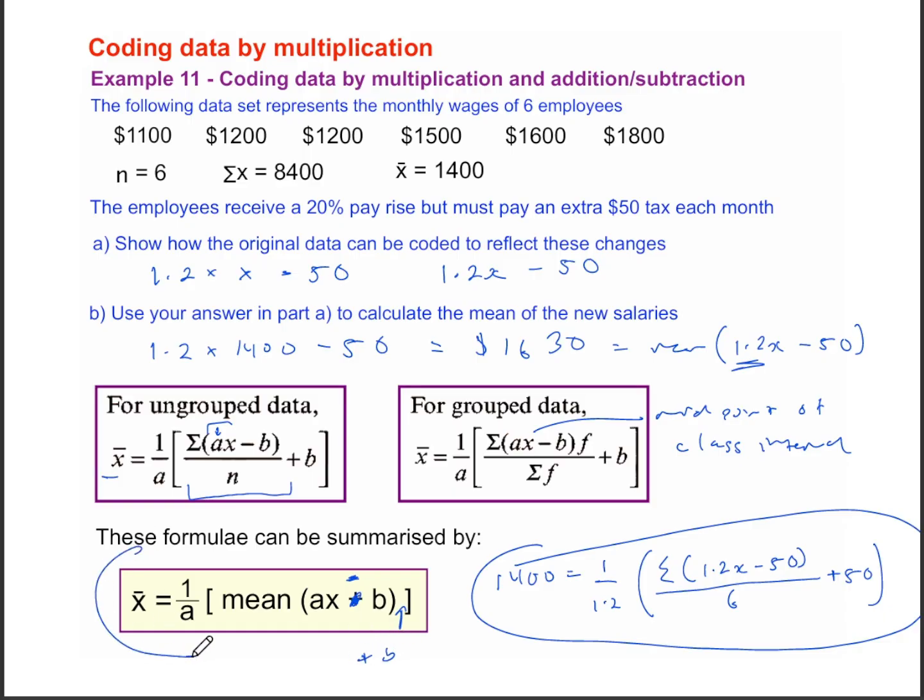That's how it can be summarized for both the ungrouped and the grouped data. So slight mistake in the original set of notes, but this is the correct version. So I can rewrite that for you, where x bar is equal to 1 over a multiplied by the mean of ax minus b, plus b. Remember, this bracket as a whole is multiplied to that 1 over a.